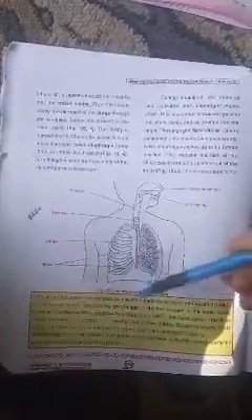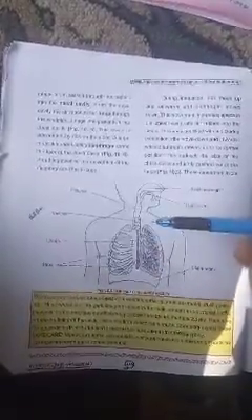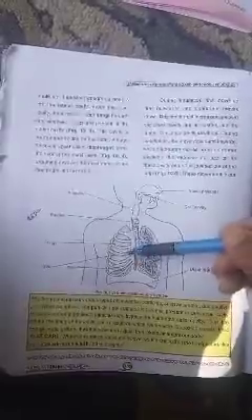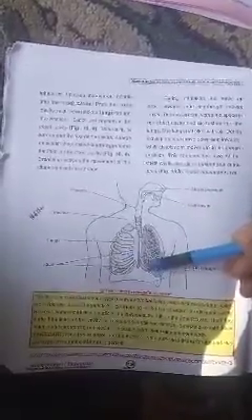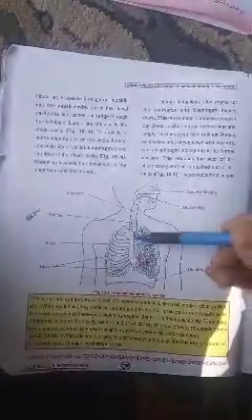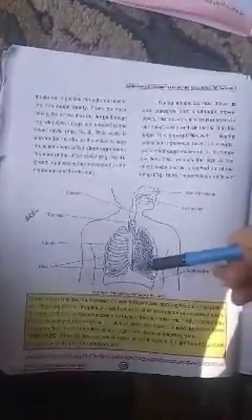When we exhale, breathing out carbon dioxide, the rib cage moves downwards and the diaphragm moves upwards, which reduces the space in the chest cavity, and air is pushed out from the lungs. This is the mechanism of breathing in human beings.